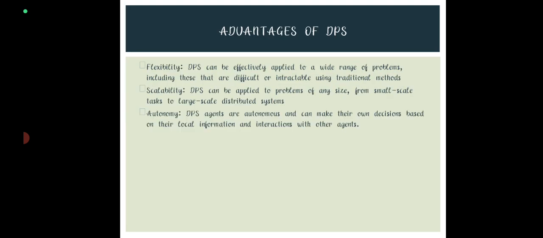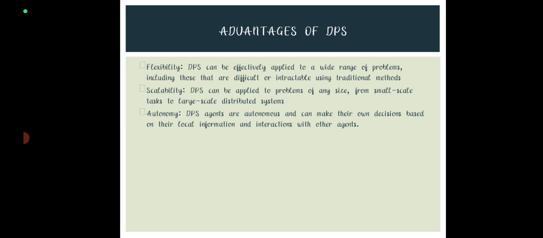The advantages of distributed problem solving are flexibility, scalability, and autonomy. DPS can be effectively applied to a wide range of problems, including those that are difficult or intractable using traditional methods. Scalability.